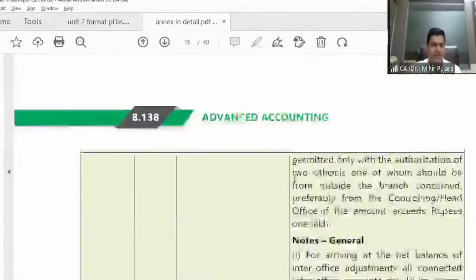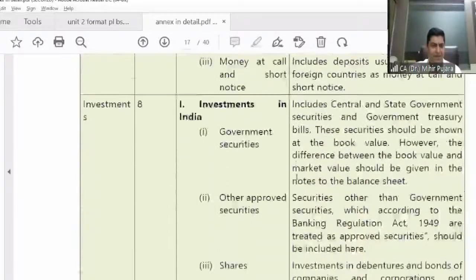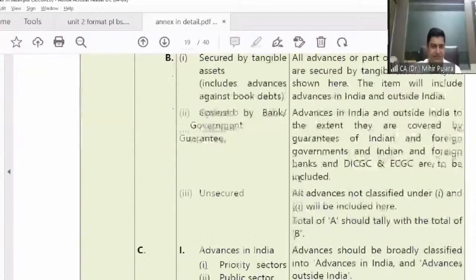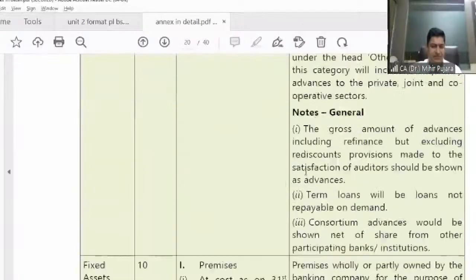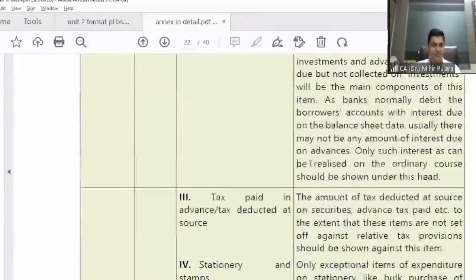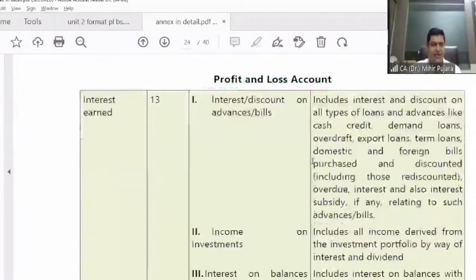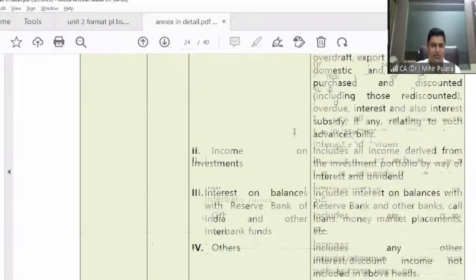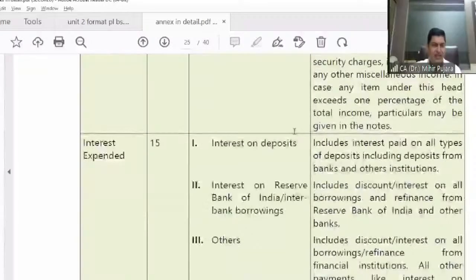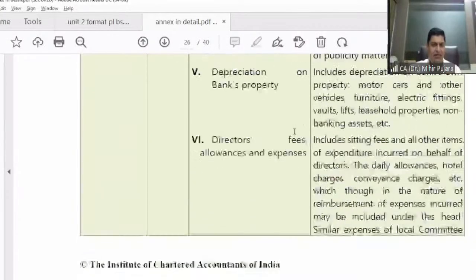We will do them afterwards. So 13, what we did, interest earned, is over. 14, other income, is over. 15, interest expenses, over. 16, other expenses, are also over.